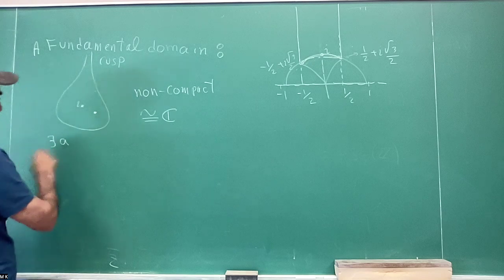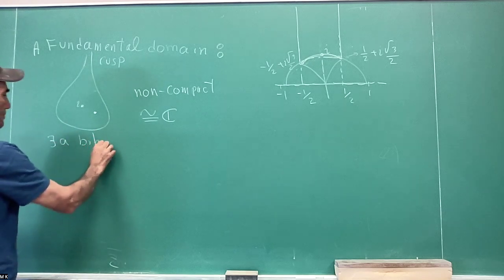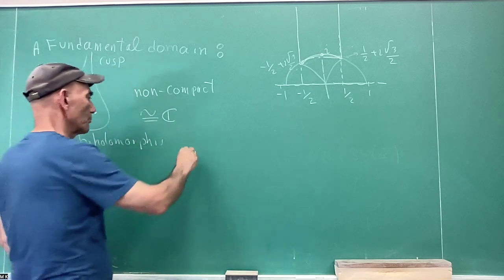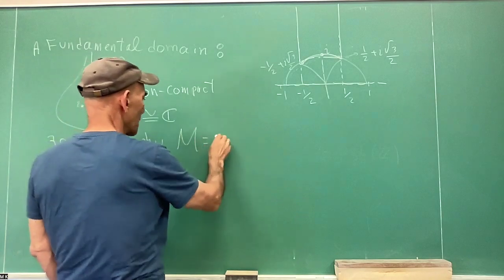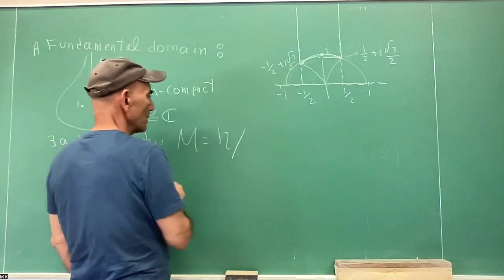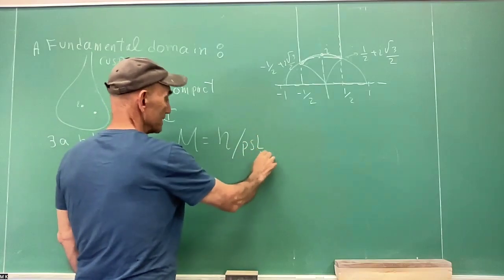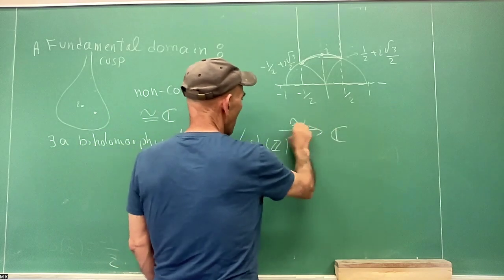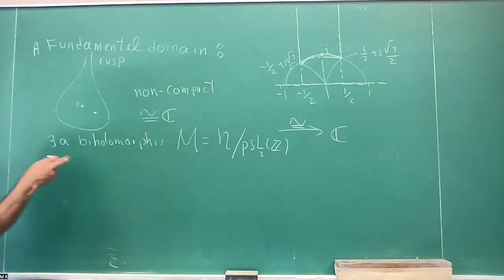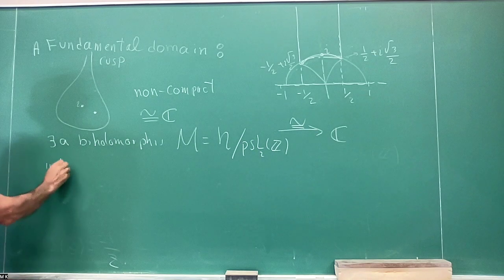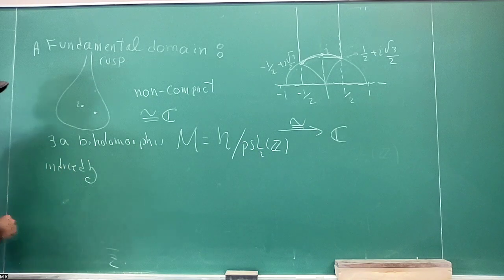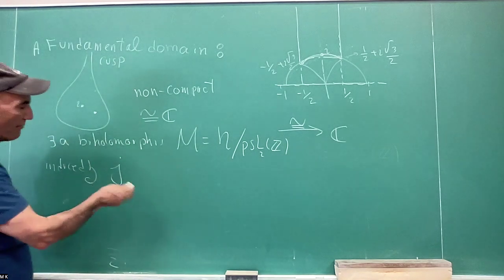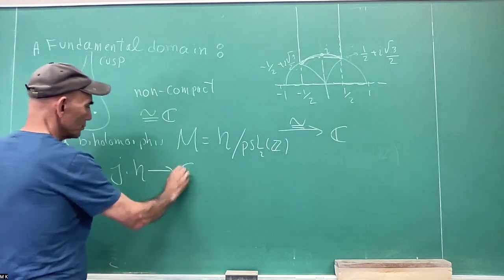There exists a biholomorphism from this modular curve M, which is H divided by PSL2(Z), to C. So this is actually induced by a map J, which goes from the upper half plane to C.